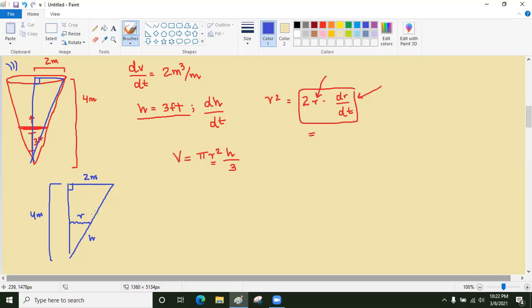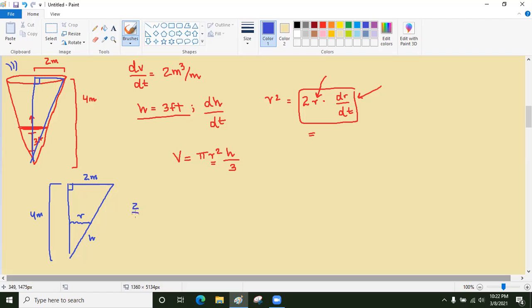But the key thing to realize here is that as your water level increases, your radius and height will be in proportion to the radius and the height of your original triangle. So they're increasing in unison, in the sense that they are proportionate.